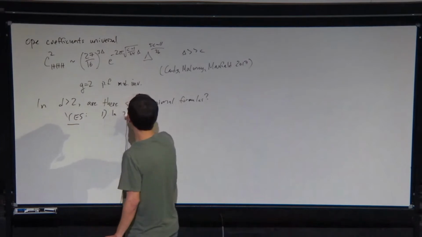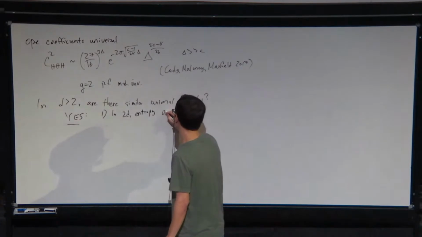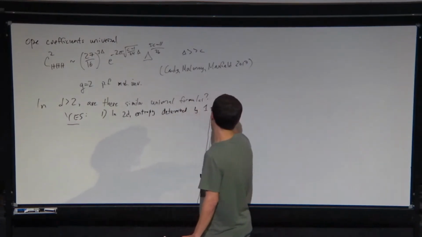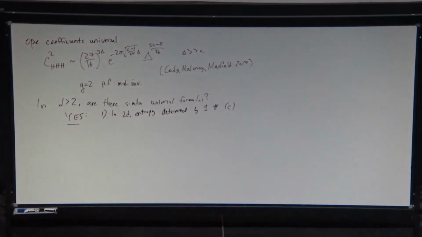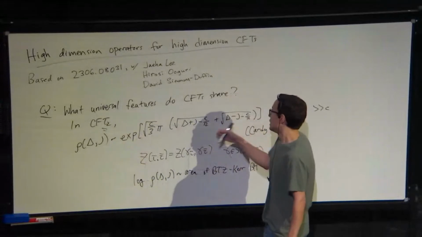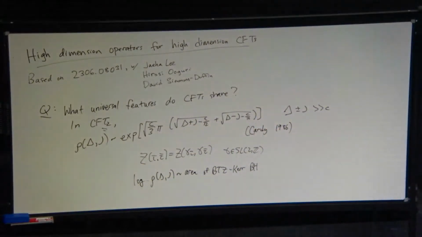So one is that in 2D, the entropy is just determined by one number, which is the central charge c. So in this formula, there's just one parameter c, which of course has other interpretations. But for the purposes of this talk, we can think of it as just a single real parameter that then determines the whole functional shape of the leading order of the entropy.